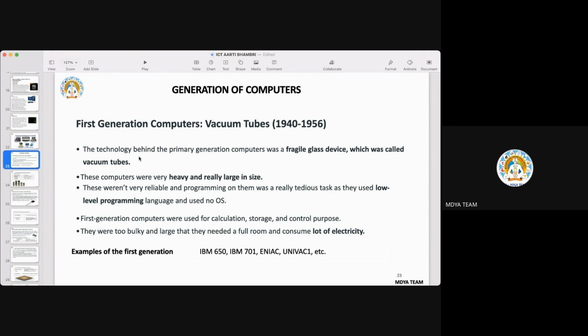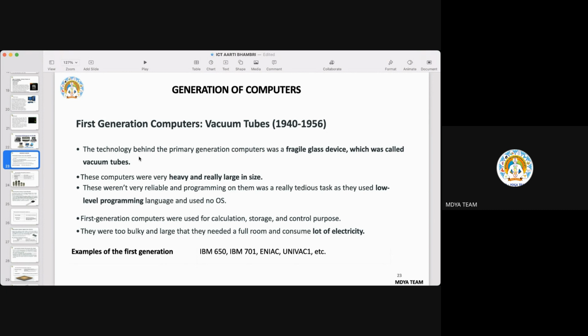They weren't very reliable, and programming on them was a really tedious task, because earlier the programming languages were not that efficient. They are called low level programming languages, and no operating system was there.